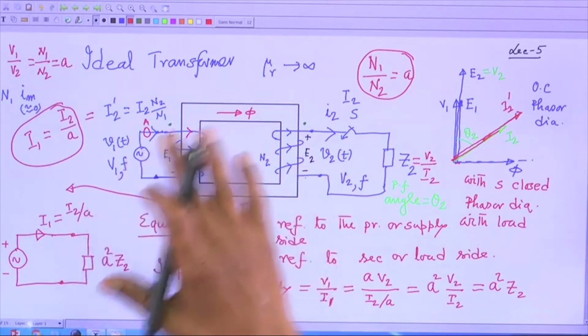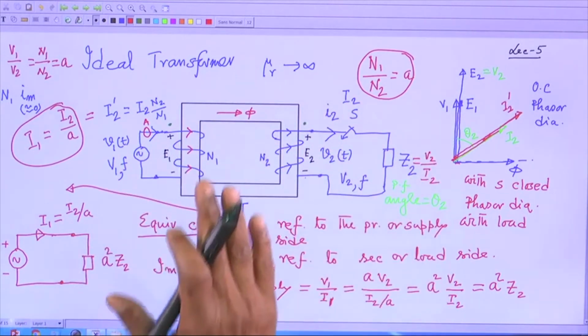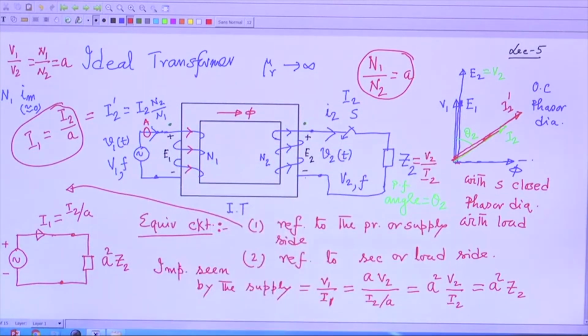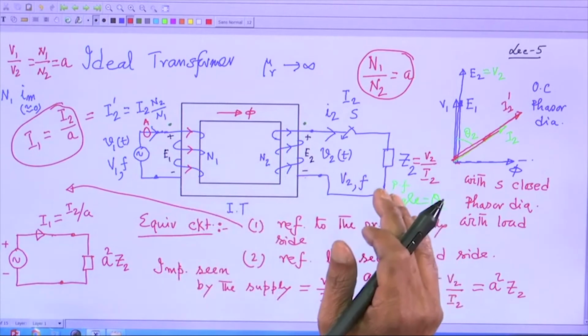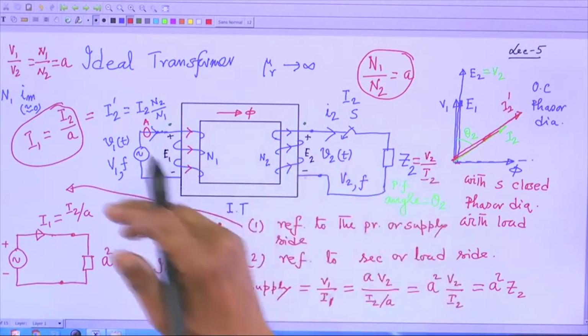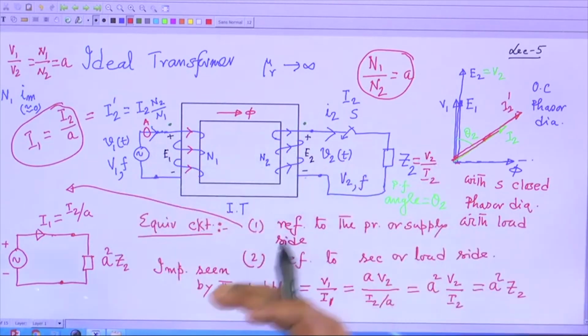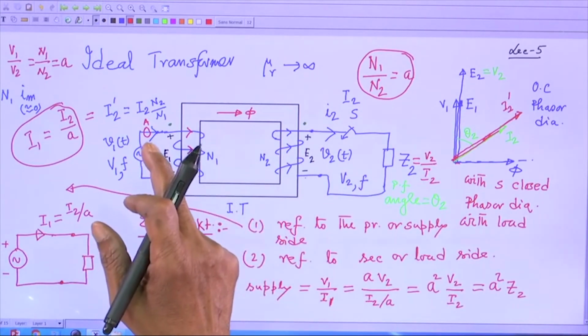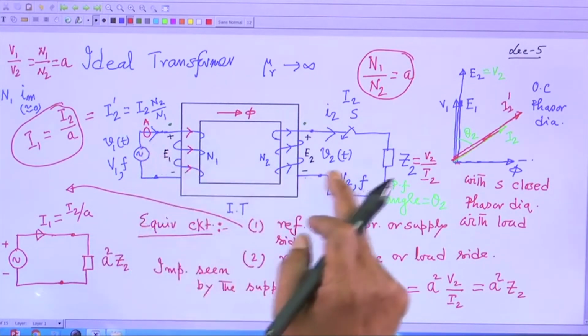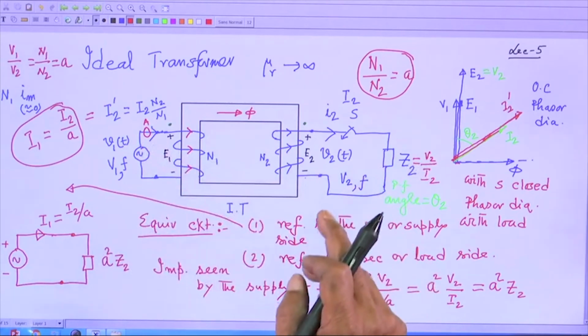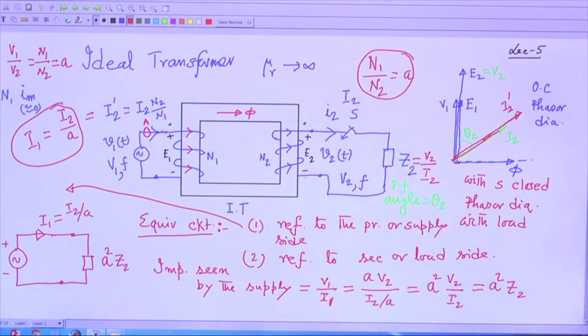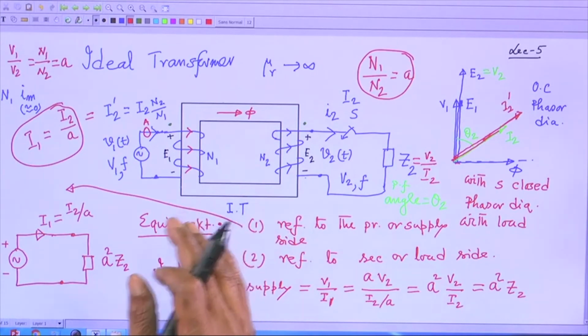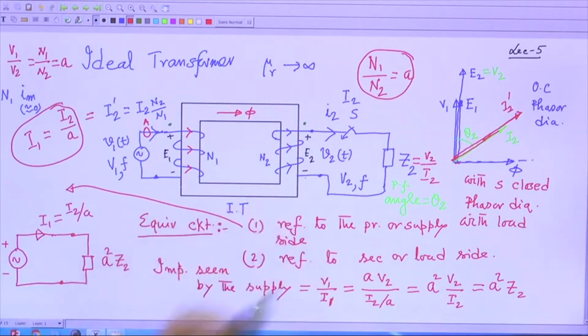So, to analyze this circuit, you can live with the actual circuit and go by this physical argument, I2 by A, MMF balance, all these things you do, get the current here, get the current there, and power also you can calculate if you like. But here is a nicer way of solving this circuit.